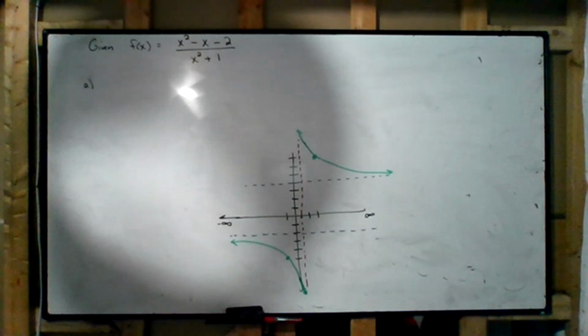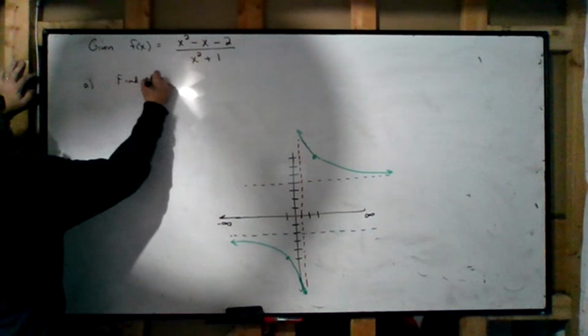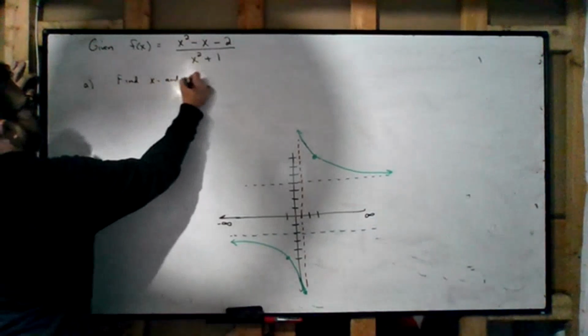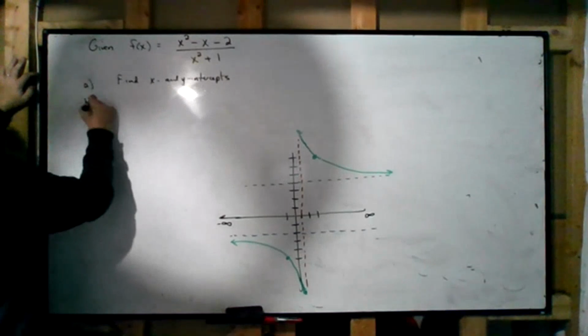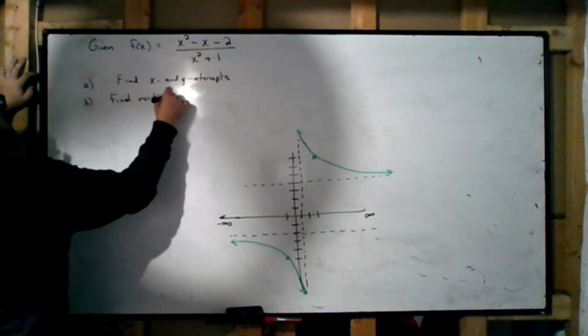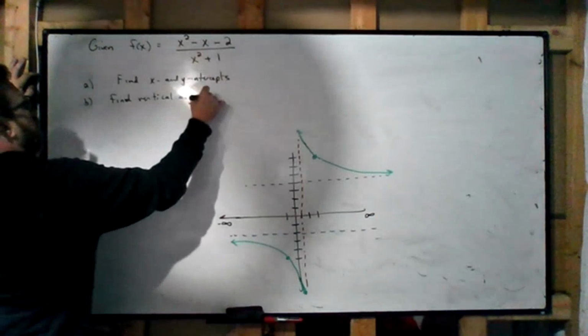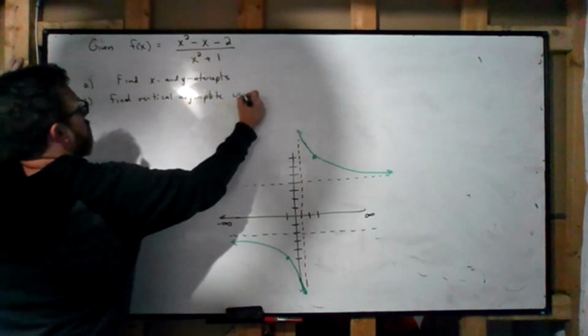I got all the material. And I want to find the x and y intercepts. B, I want to find vertical asymptotes using limits.